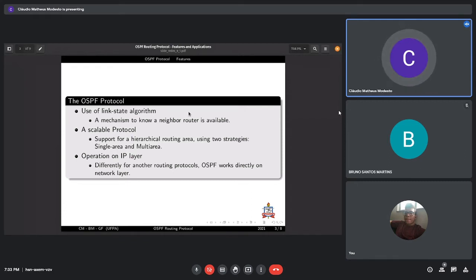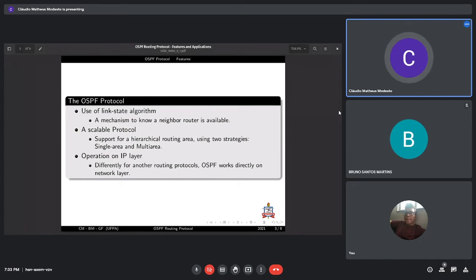The second feature is scalability. For this, the support for a hierarchical routing area is a great feature that makes this protocol more efficient and scalable. There are two strategies implemented. The first uses the idea of a single-area OSPF, which means all routers are in one area.